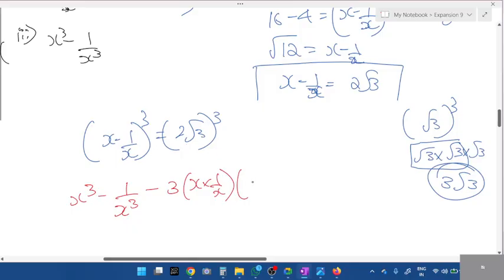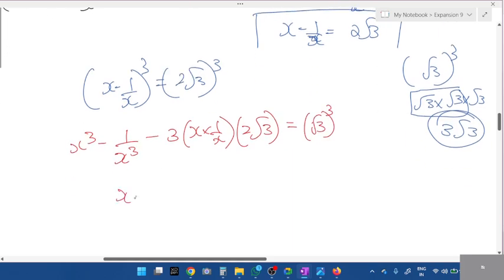I'll write the direct value. X is 2 root 3. What's the answer for this, students? 2 cube into root 3 the whole cube. 2 cube is how much?